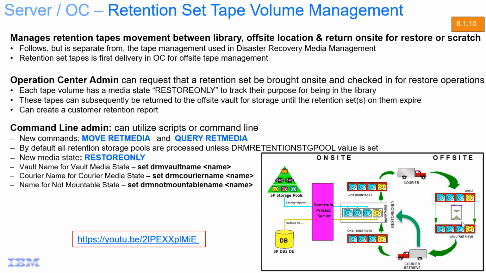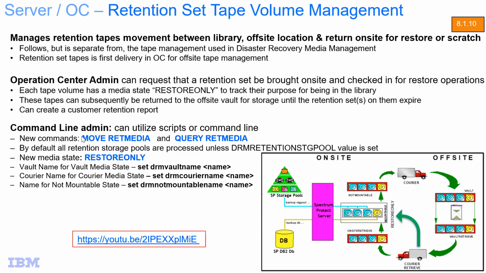If we have to retrieve it from the vault, we can package it up, and while it's waiting to be picked up, it's in vault retrieve. Then it's in courier retrieve, and then either an on-site retrieve if we're there for like a reclamation, versus a restore only if all we're doing is restoring retention sets off of it. So this restore only is really the new piece for the folks that are already using disaster recovery media management.